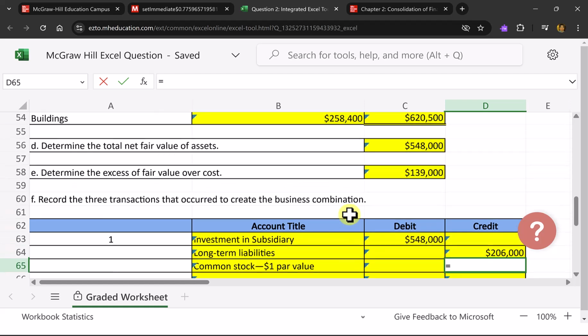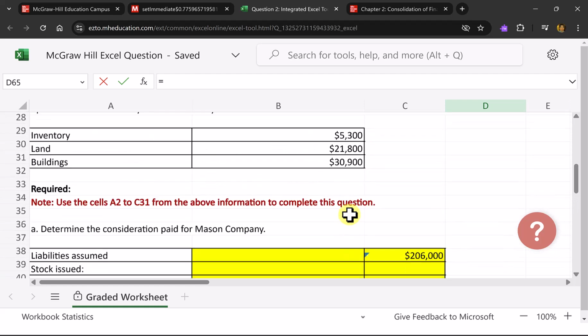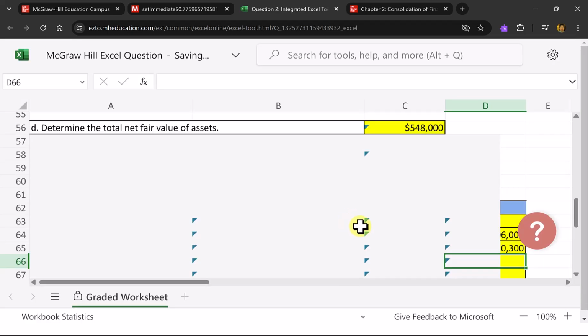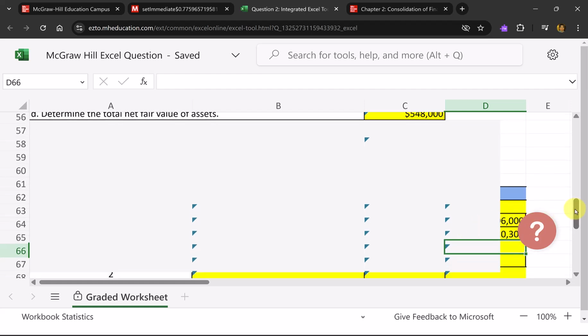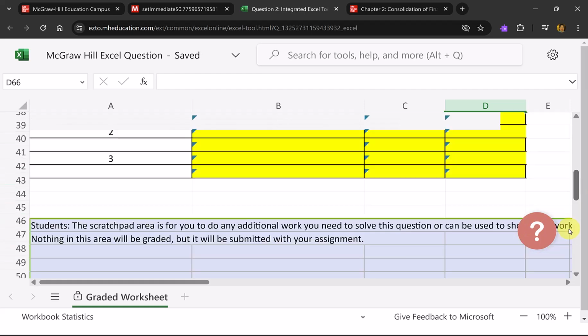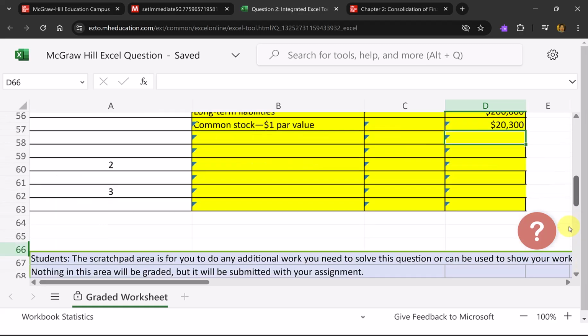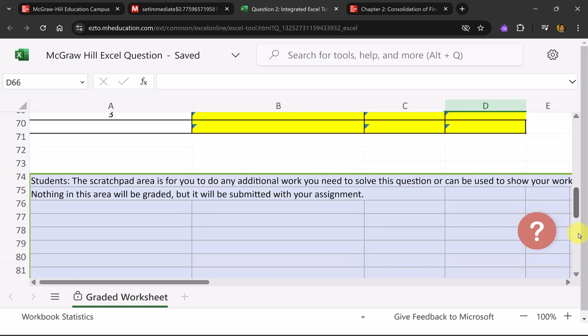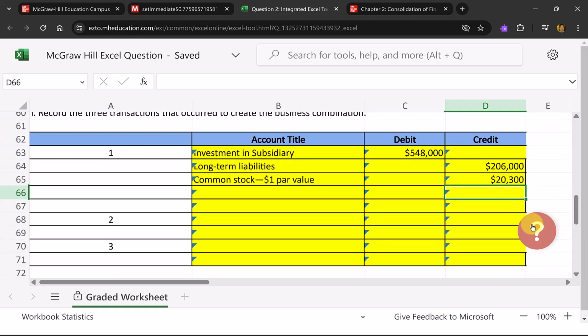Now, how many shares did we issue? 20,300 times the par value of $1, and I enter. Again, let me get rid of this block screen here. There we go. I'm just jiggling the scroll button up and down.